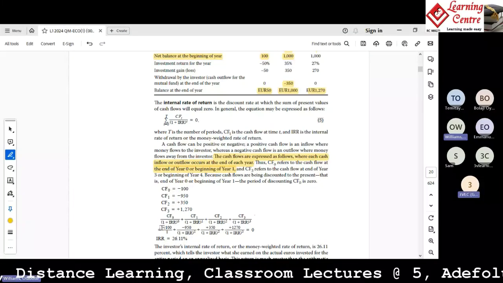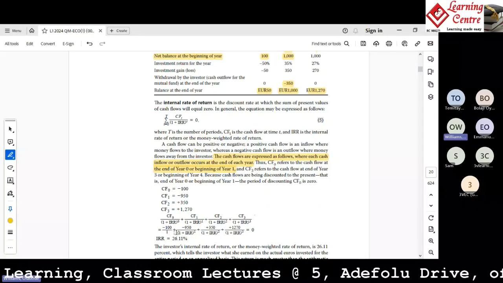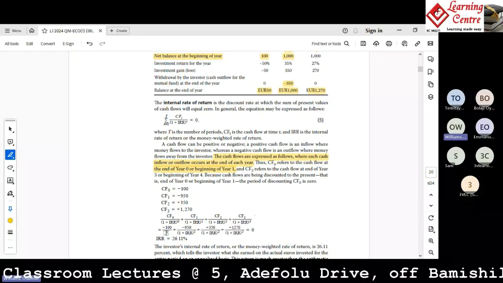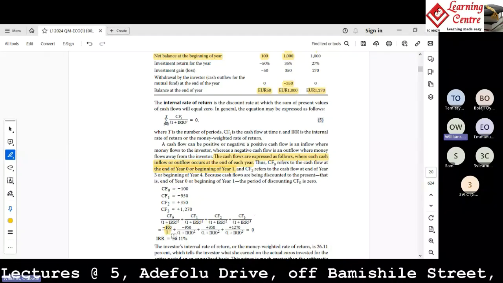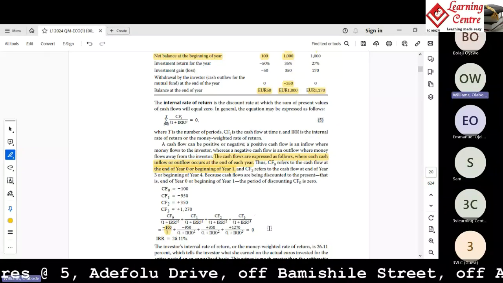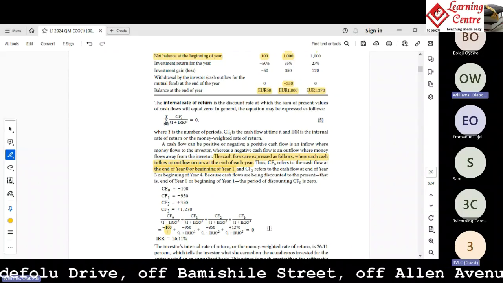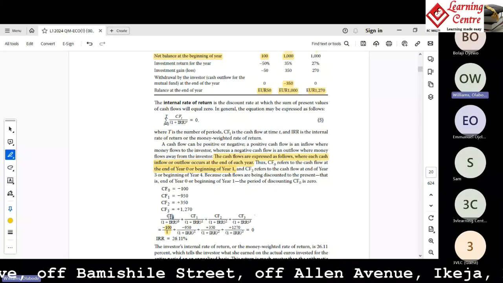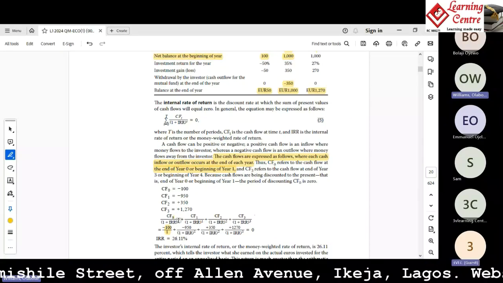So let me first explain the first one. You can see that minus 100 is raised to power 1 here. The reason why you see 1 in the denominator is because anything raised to power 0 is 1. For your CF0, you will notice that the first CF here is CF0 over 1 plus IRR raised to power 0.